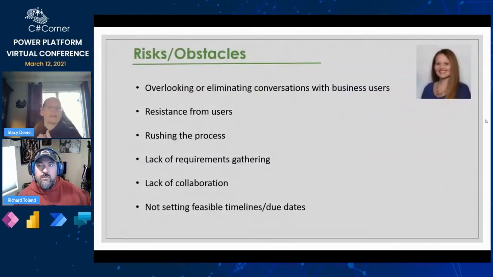All right, some risks and obstacles that we ran into. It was overlooking and eliminating conversations with business users. In a process, there are certain processes where you can have a lot of feedback, and you may miss that one little thing that someone said that has a huge impact, and you're not aware of it.